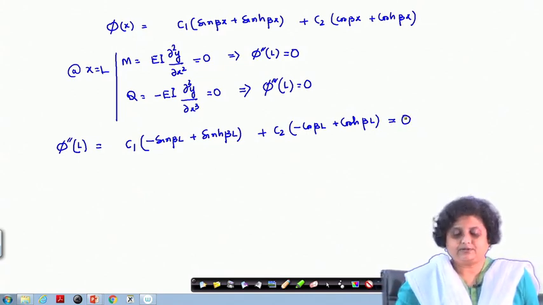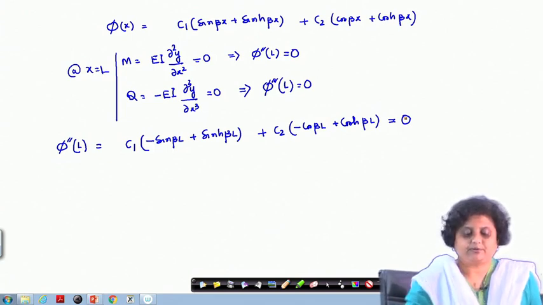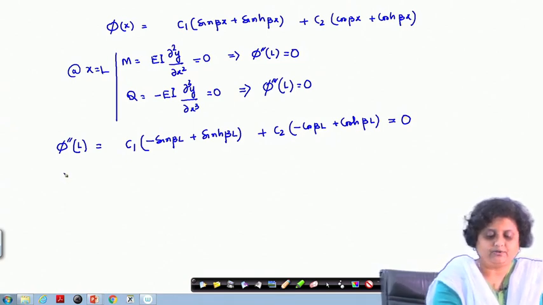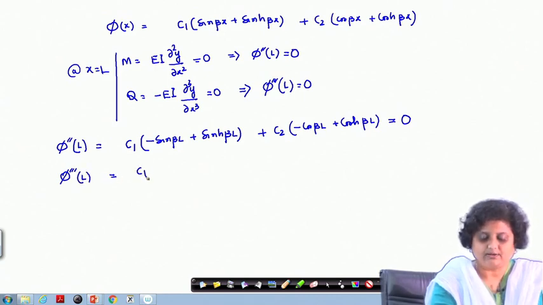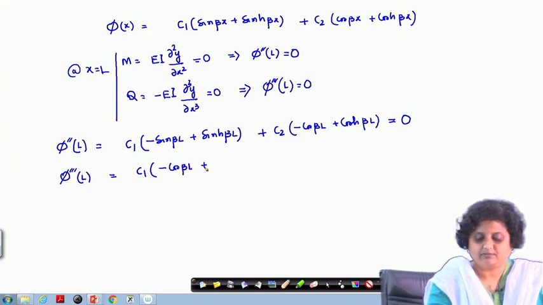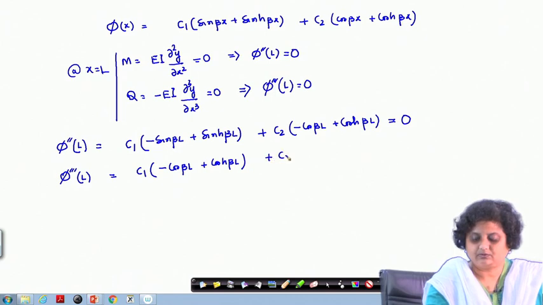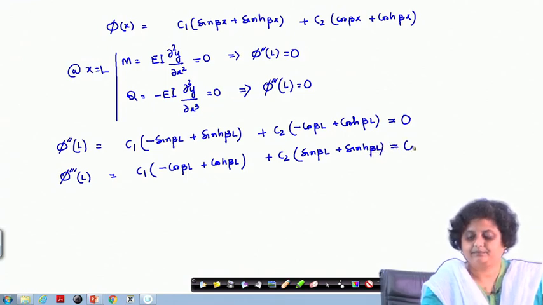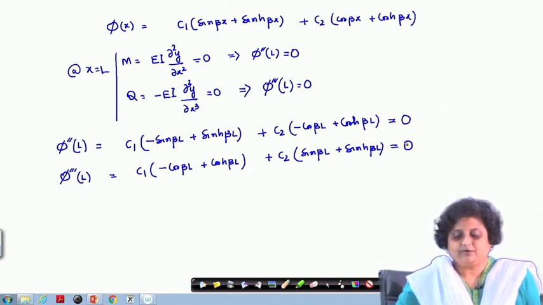So, I have skipped certain steps in between, but it is very straightforward, and one could follow that from this expression of phi x, phi double dash L is going to be this, and similarly phi triple dash L is going to be C1 minus cos beta L plus. So, these are the two sets of equation that I get.